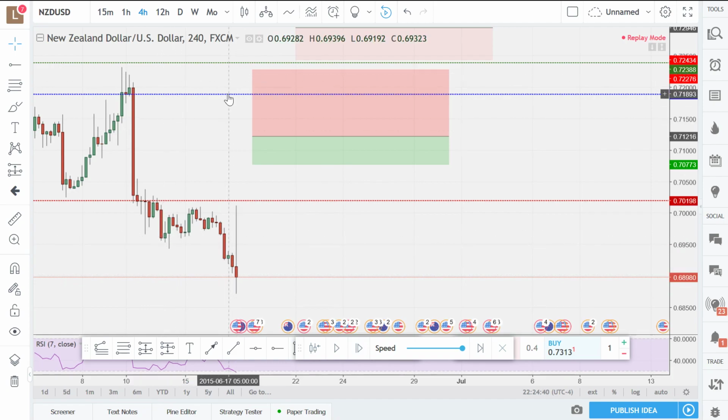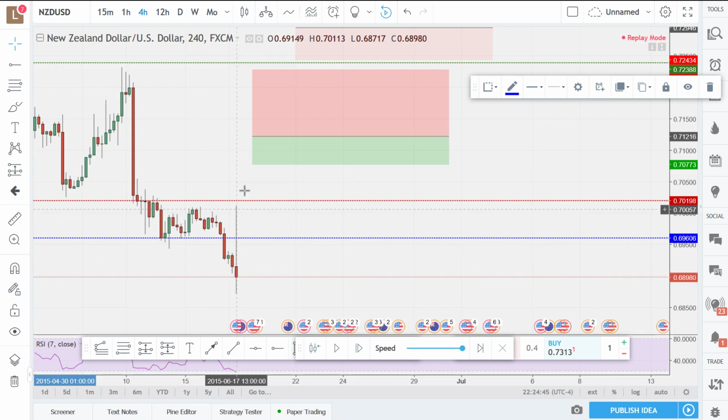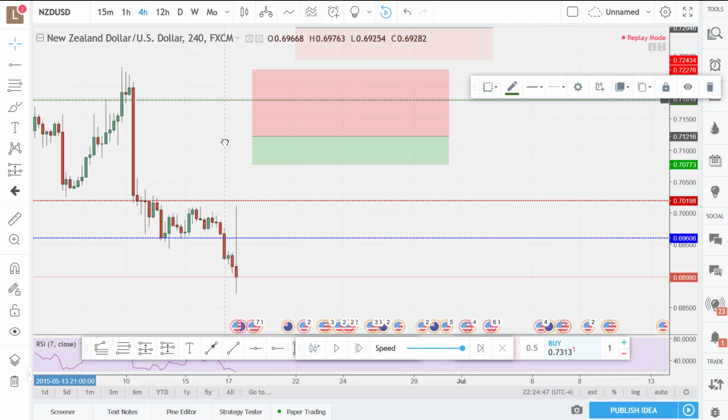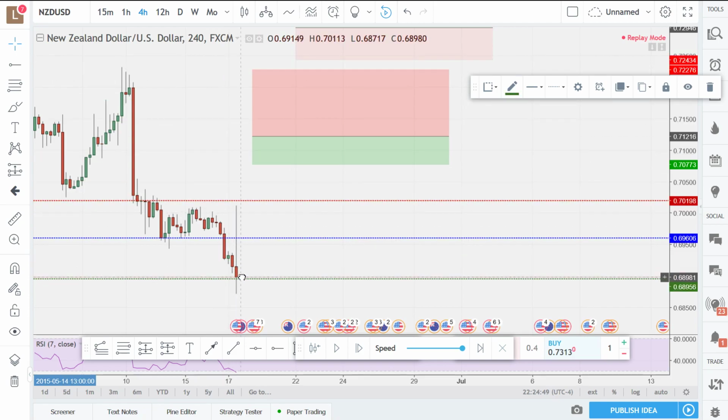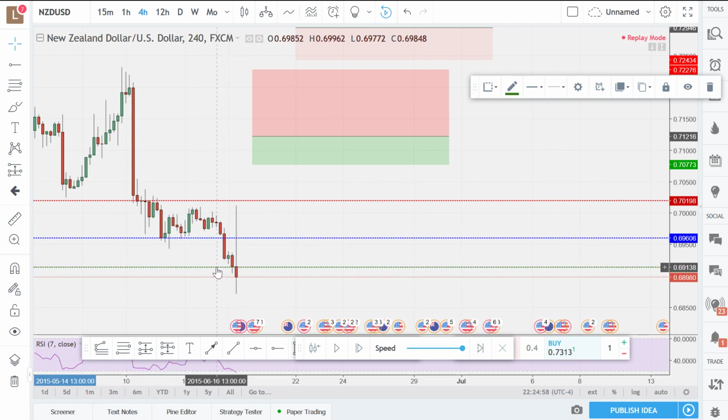Broke through here. This potentially could be something down here. It came up over here. I wouldn't have gotten in on this candle. It would have happened at this candle here, and this risk reward would have been inverted.